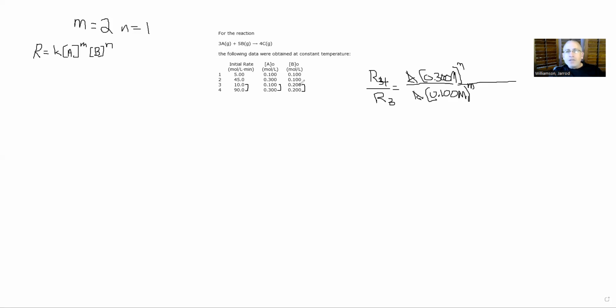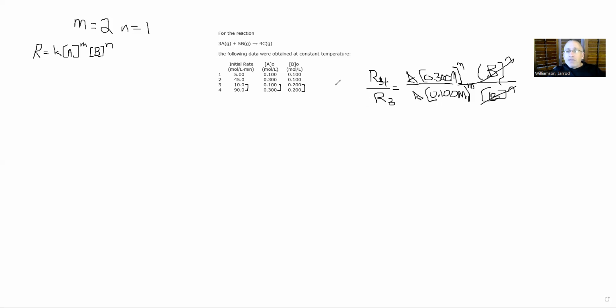And the concentrations of B are going to cancel out. So I'm going to do it sloppy, concentration of B to the n. I don't know what n is, but I know it's going to be the same number, so that's going to cancel out. It's a little bit sloppy because I'm writing with my mouse. Guys, I'm writing with my mouse because I can't get my tablet pen to work.